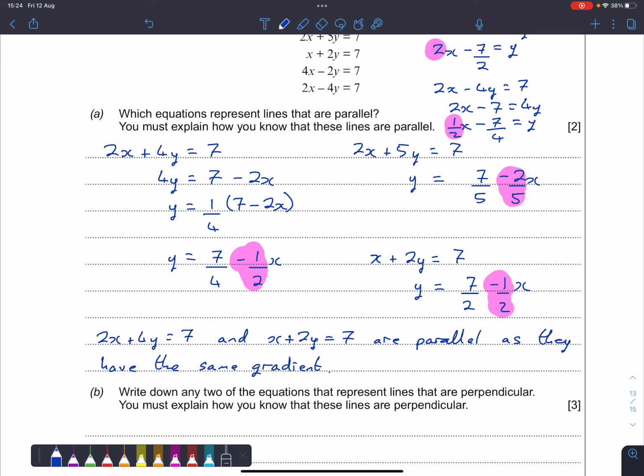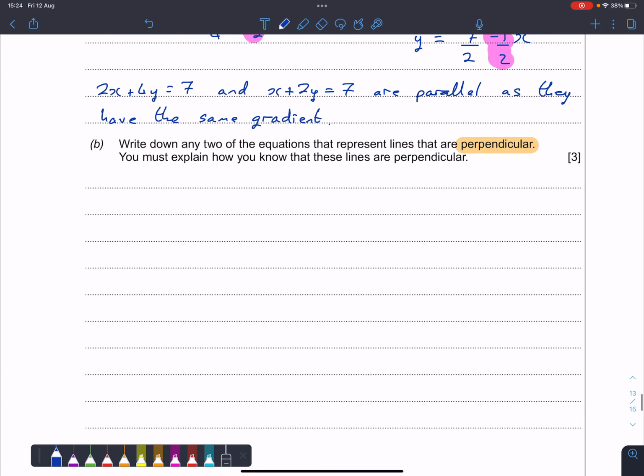Okay, part B. Write down any two of the equations that represent lines that are perpendicular. Okay, so it's perpendicular this time, not parallel. There's parallel in the first one. So, in order for lines to be perpendicular, so let's put my reason first.